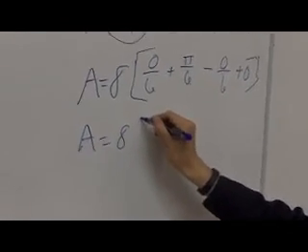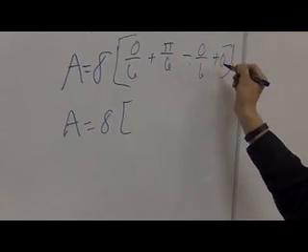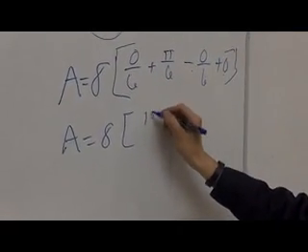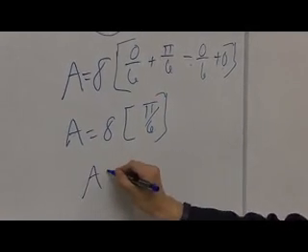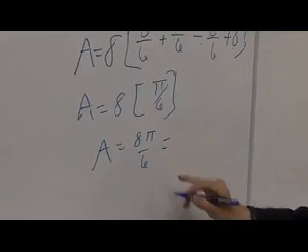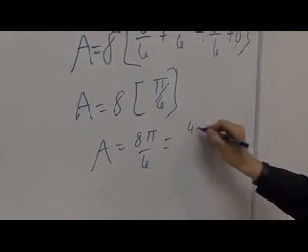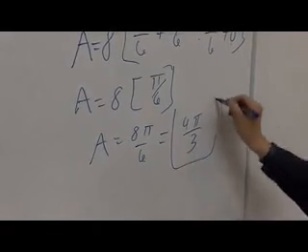That equals 8 times 0 plus pi over 6, which is pi over 6. A equals 8 pi over 6, and then we can reduce that to 4 pi over 3. And this will be your final area of one loop. And that is your final answer for one loop.